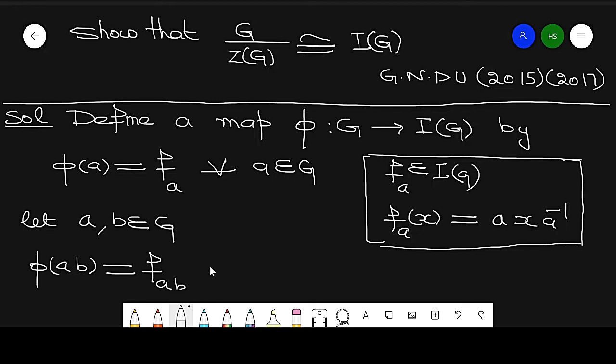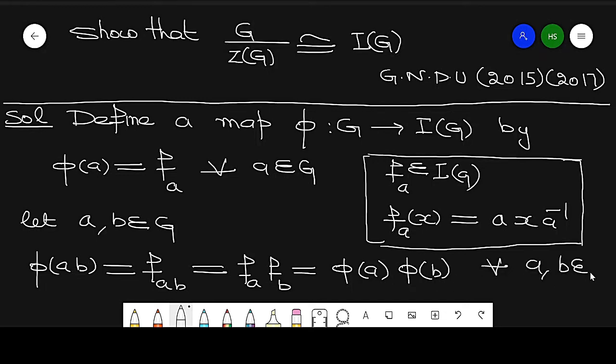Now by the previous result, this can be written as f_a into f_b. This is phi of a into phi of b for every a, b belongs to G. So it means phi is a homomorphism.